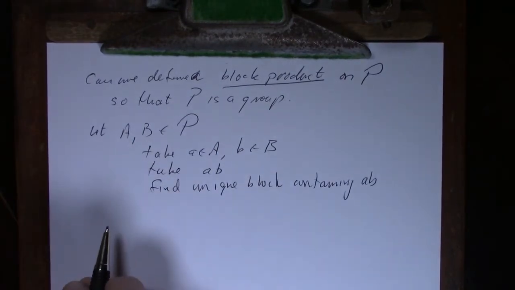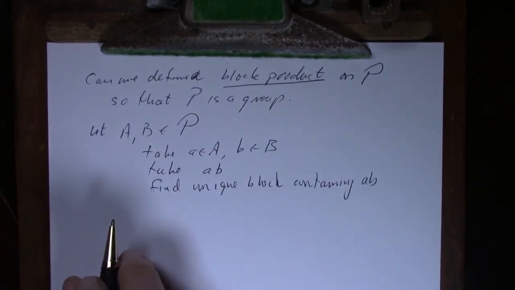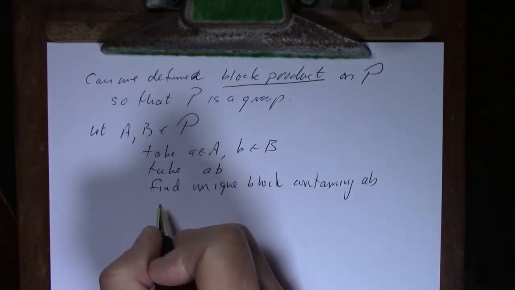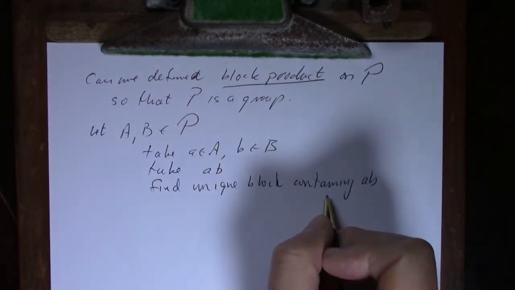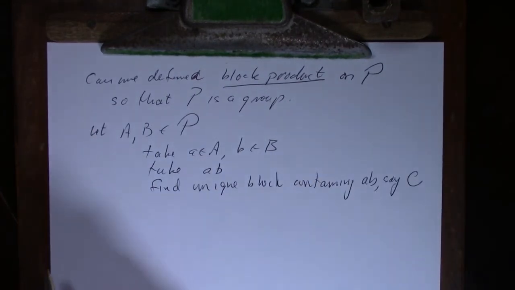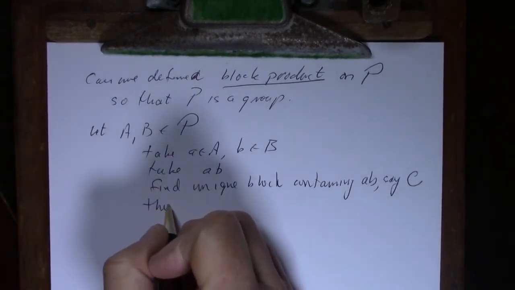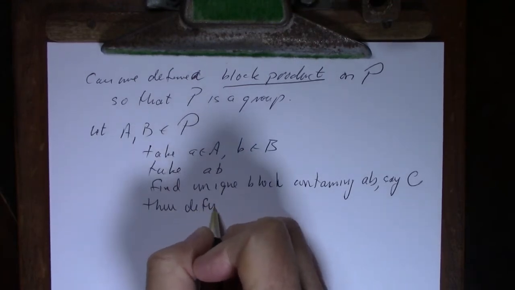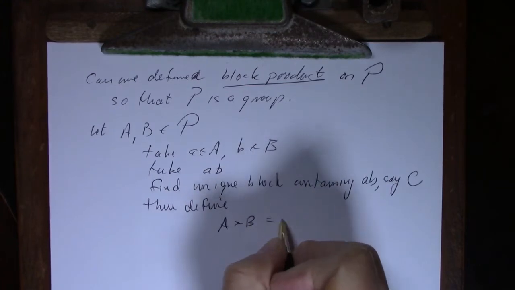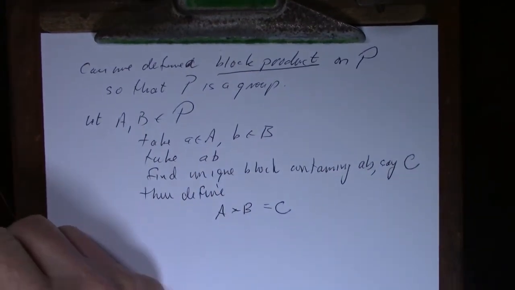There is a unique block because P is a partition. That's precisely why we need a partition. And let's say this block is block C. Then we define A times B to be C, the block product.